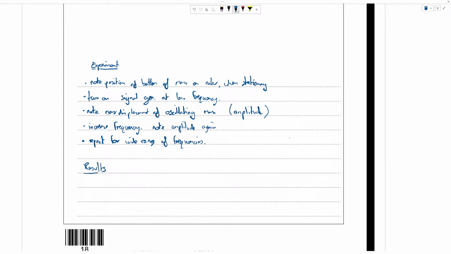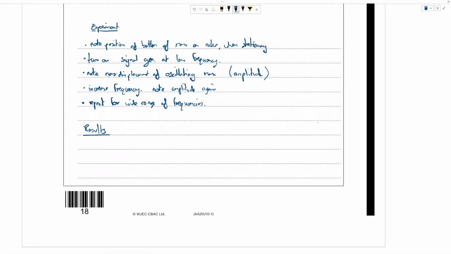I would be tempted to plot a suggested graph. So if we were to plot amplitude versus frequency, we would expect something like this.